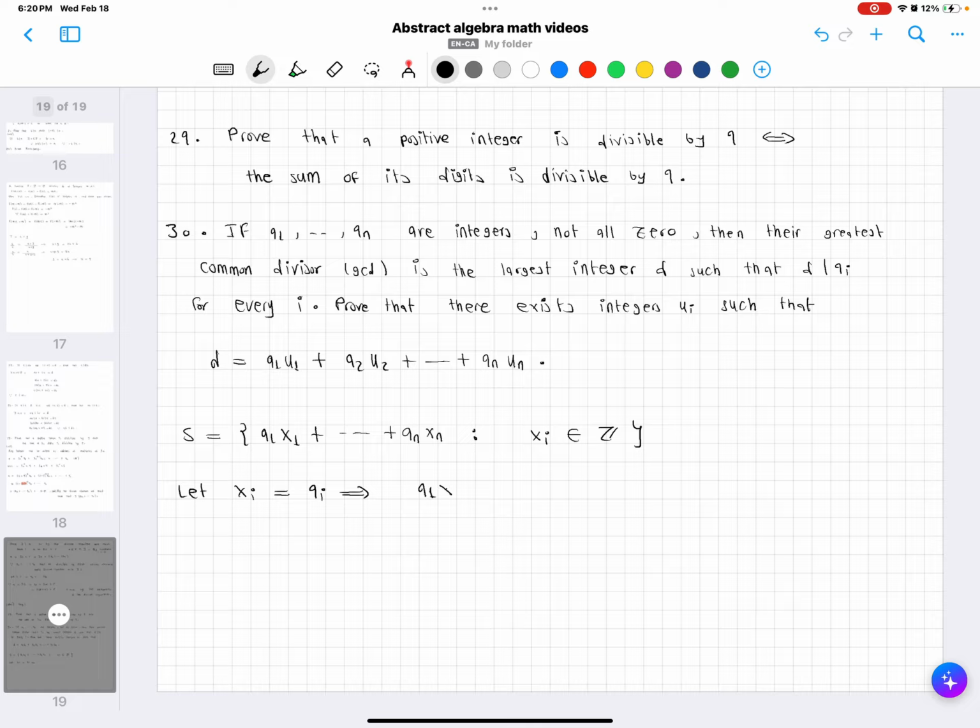a1 squared plus ... plus an squared, which is a1 x1 plus ... plus an xn, is strictly bigger than 0. And so it has at least one positive element, so we can apply the well-ordering axiom.